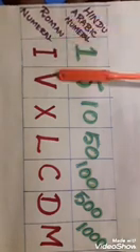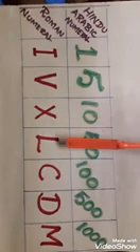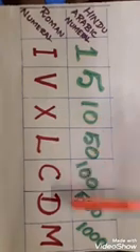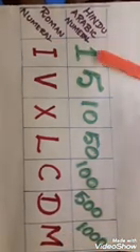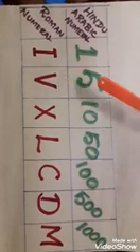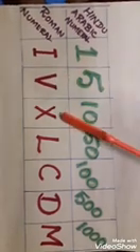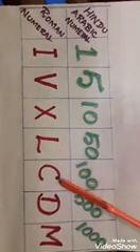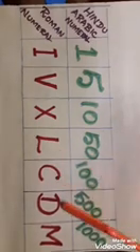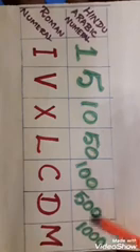I, V, X, L, C, D and M. I denotes the value 1, V denotes 5, X denotes 10, L denotes 50, C denotes 100, D denotes 500 and M denotes 1000.